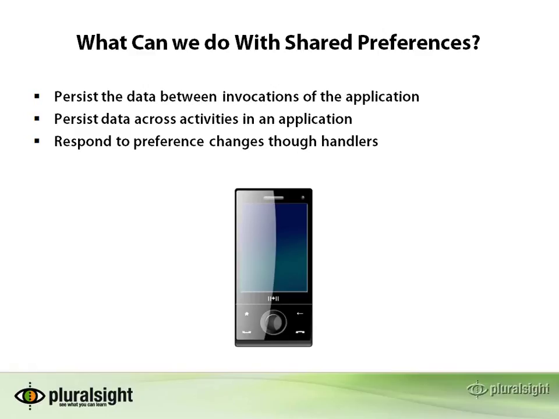A good example is in my Pacemaker application, when the user changes from tracking pace to speed, I have a different set of data that I show the user because they can set different settings on pace or speed. So being able to respond to preferences changing is a nice feature that shared preferences gives us.